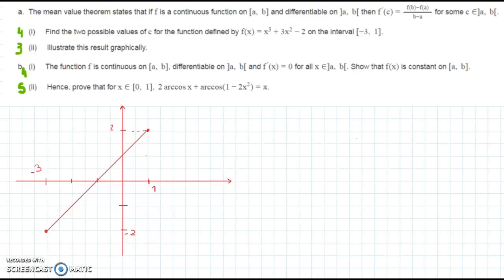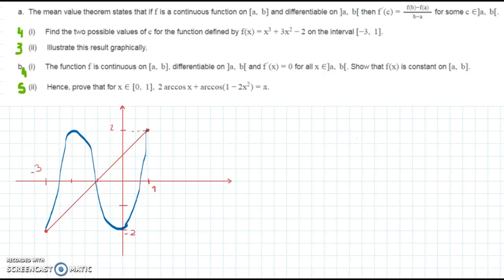You don't have to be super extra precise, but it looks like something like this. Let's see if I can make a decent picture. Well, this last part is not good. I know I need to get up to the value 2 at 1.